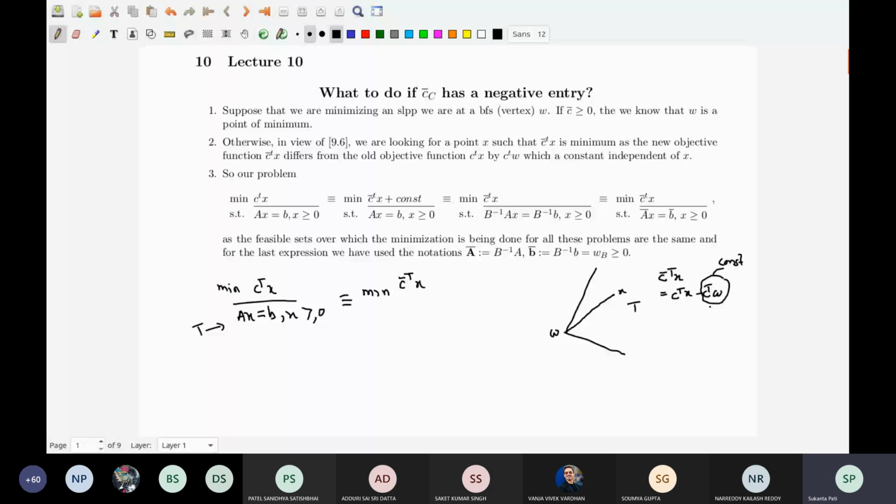Over what? Now over the same set. What is this set? This set is the set of all X that are entry wise greater than equal to 0, and they satisfy Ax equal to B. This is a physical set. Imagine in Rn you have some collection of points. They are fixed.